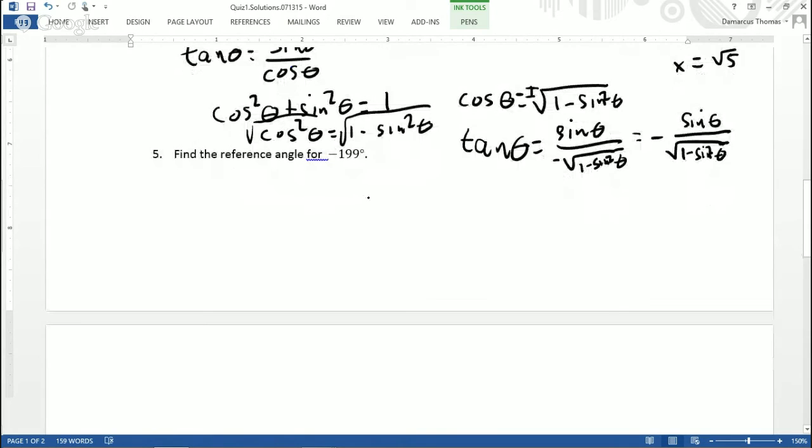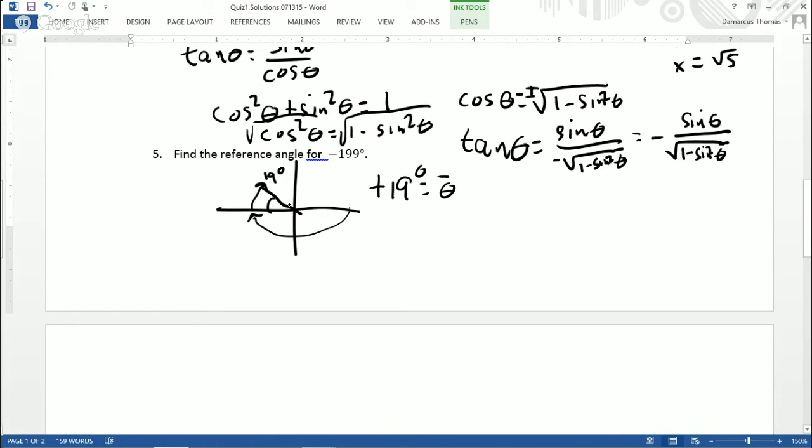Number 5 says find the reference angle for negative 199. Just a quick picture of that. If you're going negative, we're going clockwise. If I go from here to here, that's already 180, and another 19 past that is 19 degrees there. So the reference angle is going to be positive 19.